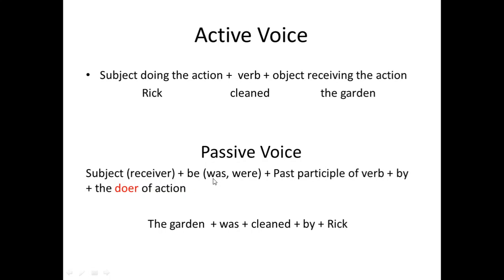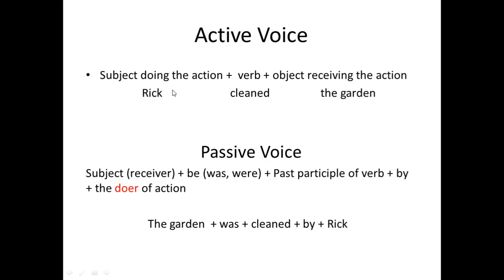Depending on the tense of the sentence, you will choose one of these two, was or were, singular, plural. For present tense, is. For past tense, was and were, okay?